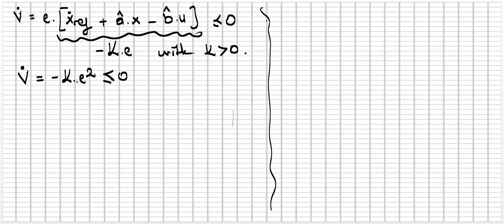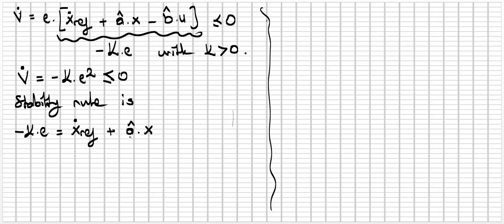As this system should be defined at this moment, the stability rule can be given by this one: minus k times e is equal to x ref dot plus a hat times x minus b hat times u.